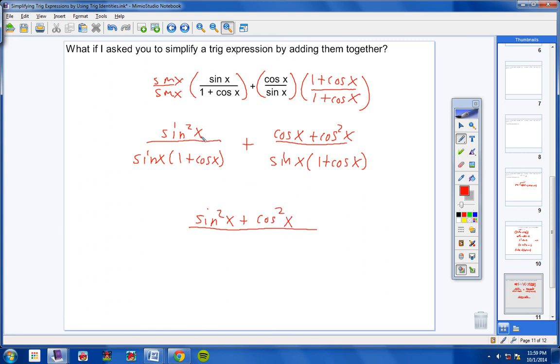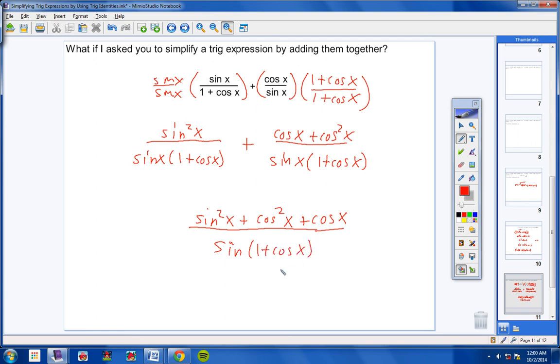So sine squared x plus cosine squared x plus cosine x. It makes sense to me because of the Pythagorean identities. We're gonna make a substitution in a second for these two terms, okay? Because after you combine the two expressions, you definitely want to simplify as far as you can, okay? Now here's your common denominator, sine x times 1 plus cosine x.